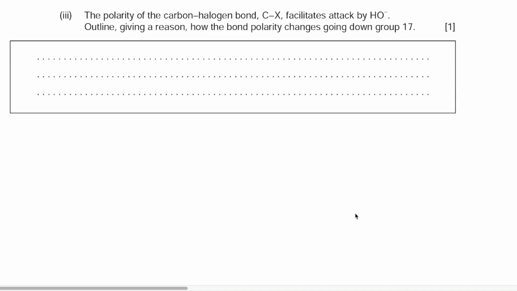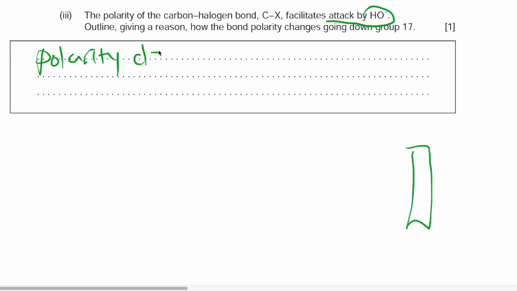The polarity of the carbon halogen bond is attacked by HO minus. Outline, giving a reason, how the bond polarity changes going down group 17. So polarity going down the group decreases, right?